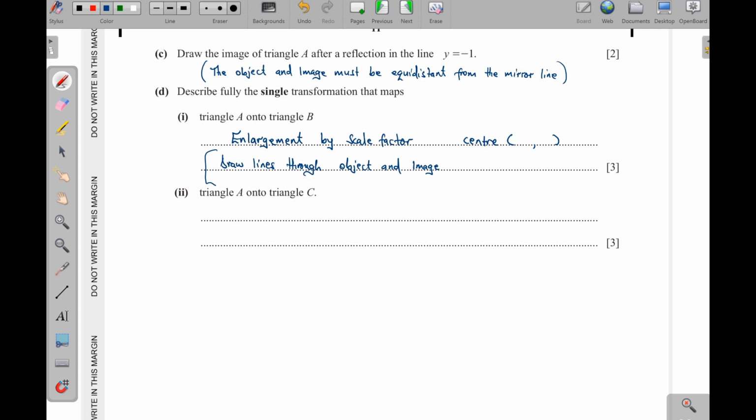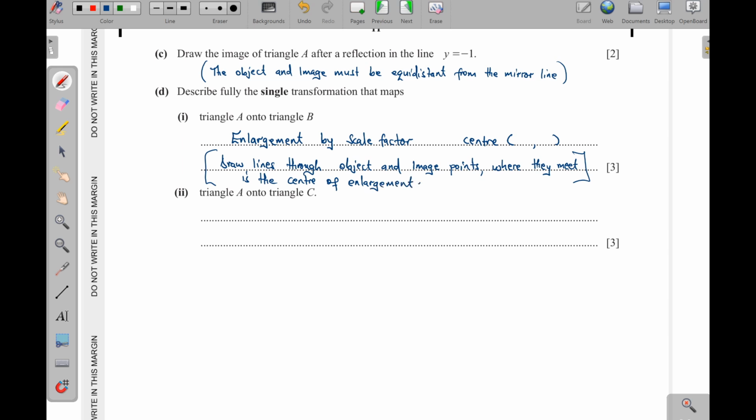Then where these lines meet is the center of enlargement. You see that?